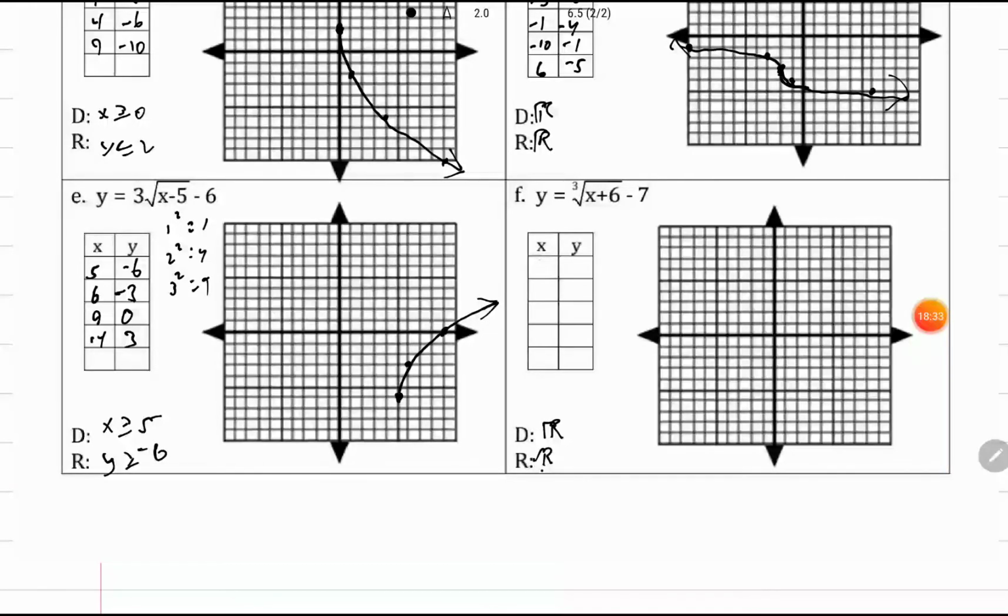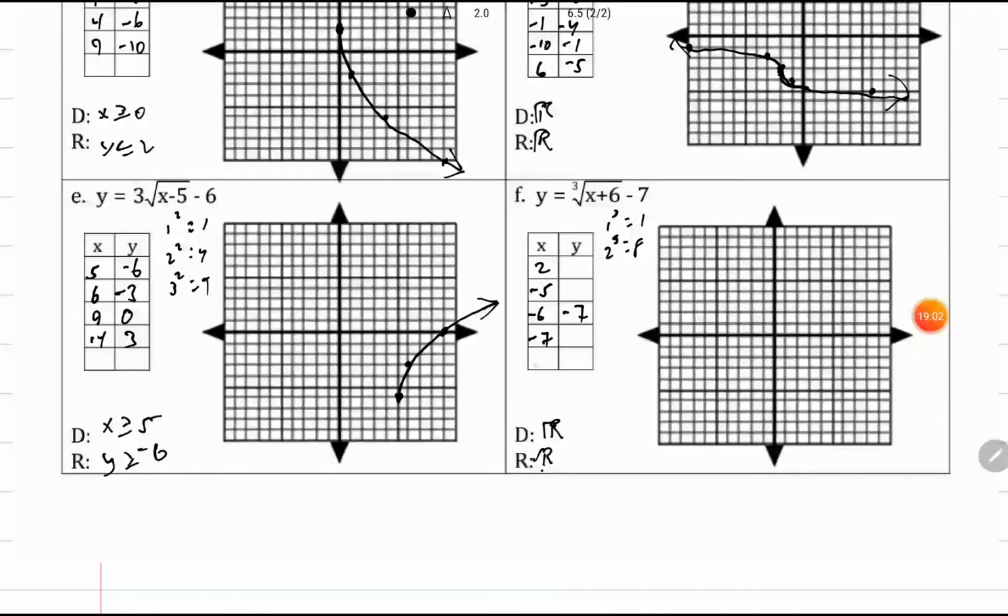Okay, so again, we're starting off at negative 6, negative 7, and then I want to go up 1, so negative 5, negative 7, and then I want to go, what was it again, 1 cubed is 1, 2 cubed is 8, so I want to go up 8 from my original value, which is 2.